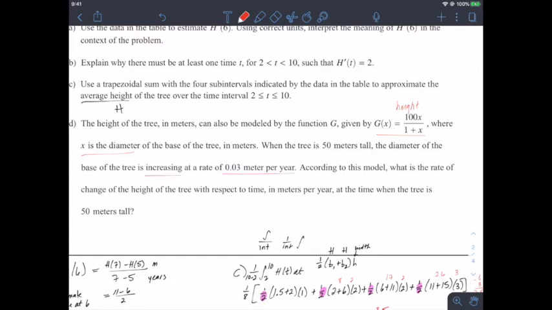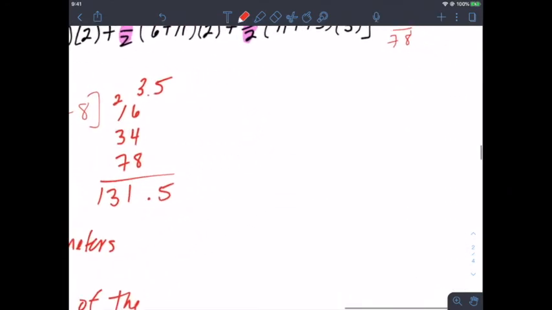So increasing means it's a positive rate. Rates are just your derivative. Because x is the diameter and the diameter is increasing, the derivative of x, so x prime at 50, is 0.03. Okay?